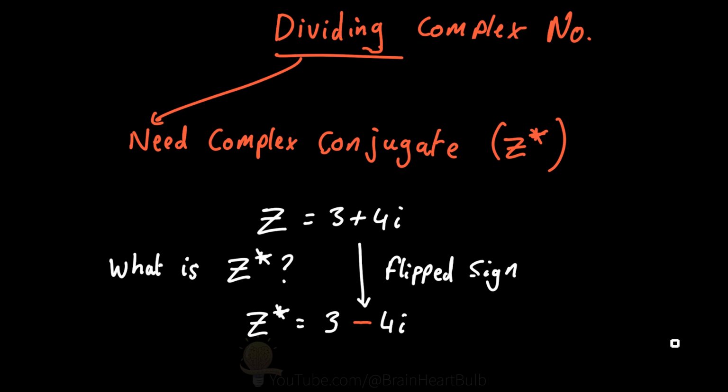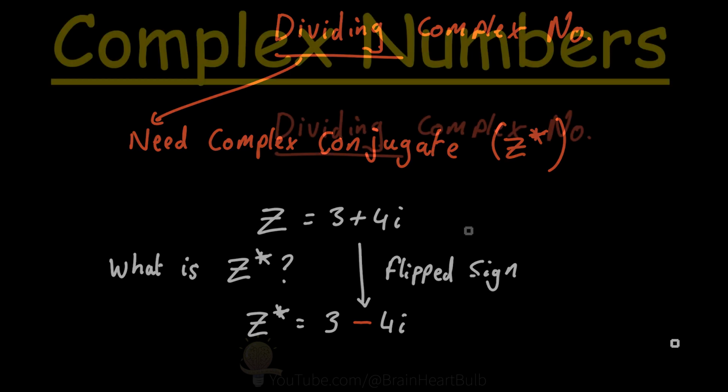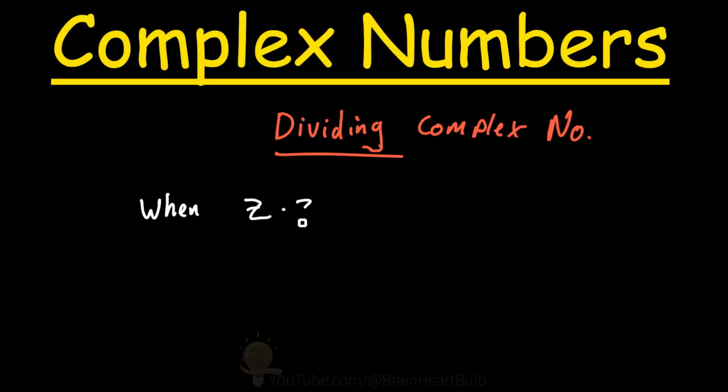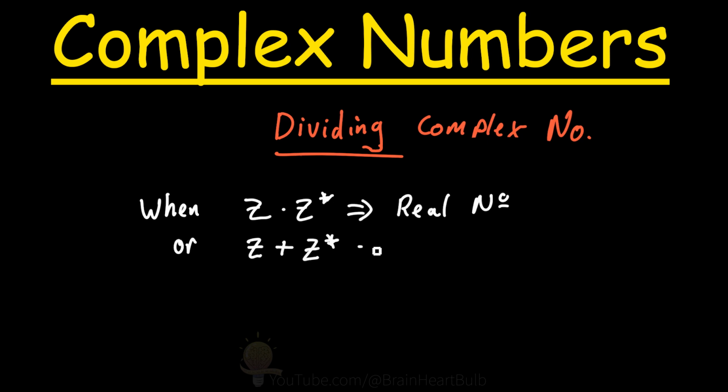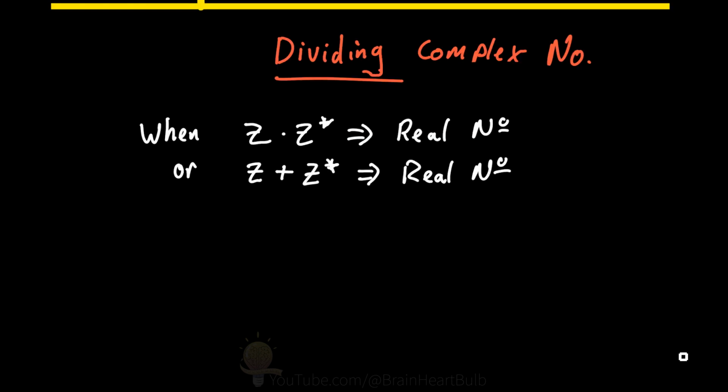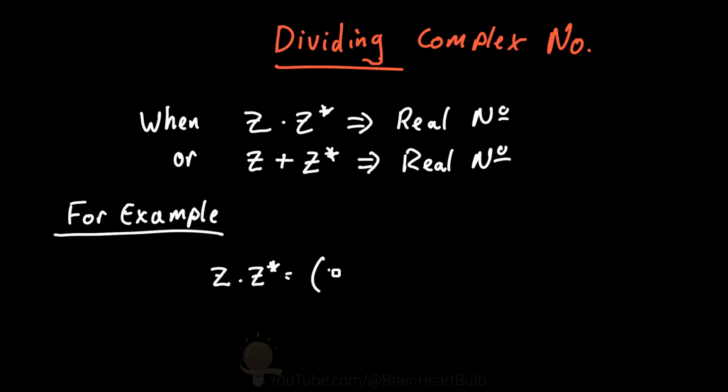Now, a really useful property of complex conjugates is when a complex number is multiplied by or added to its complex conjugate. So let me show you what I mean. When you multiply a complex number by its conjugate, we get a real number. And you need to remember that i squared is equal to -1.